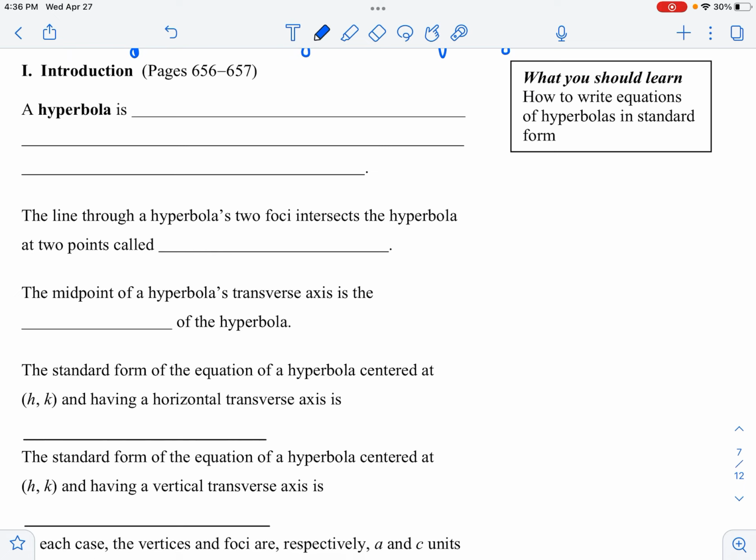So in a hyperbola, again, if it's vertical, it will look like this and this, where the inside are the two foci. Okay, and if it's horizontal, it will look like this and this, where the insides are the foci.